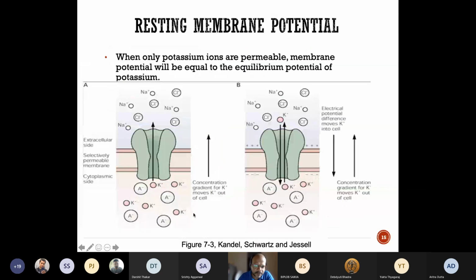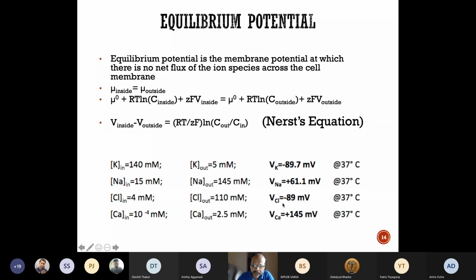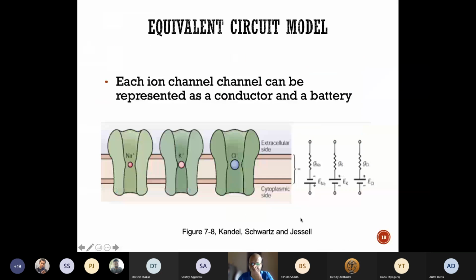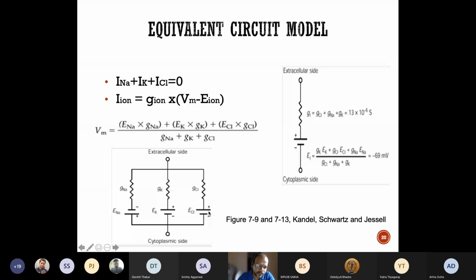If you look at these things here, Na is positive and K and Cl are negative and VCa is positive. So you can either call it an unflipped battery whose voltage is negative, or a flipped battery whose voltage is positive. It's just a matter of convention. That's it. So don't pay attention to this.